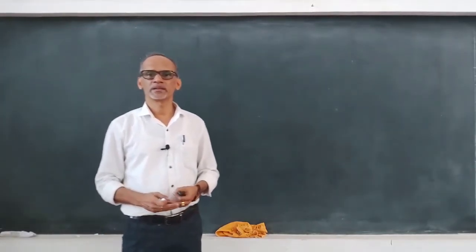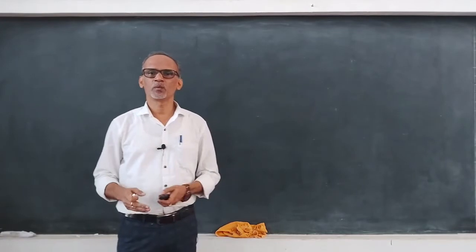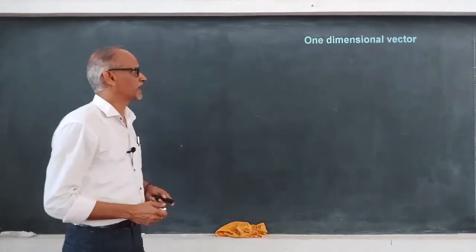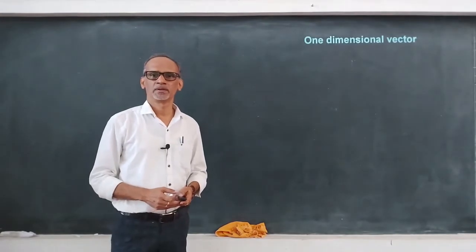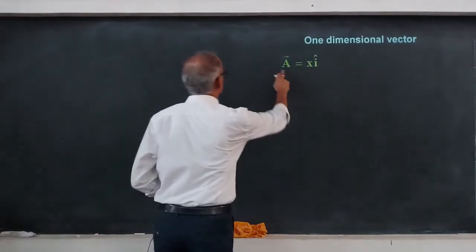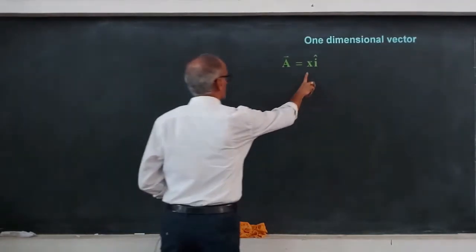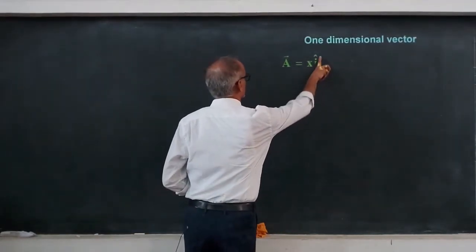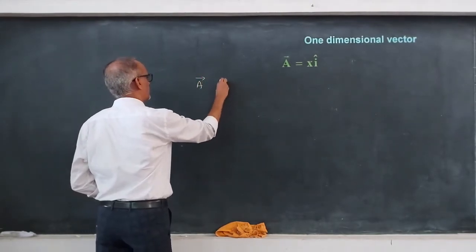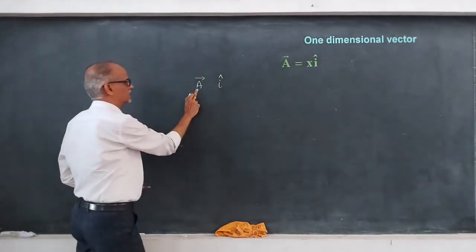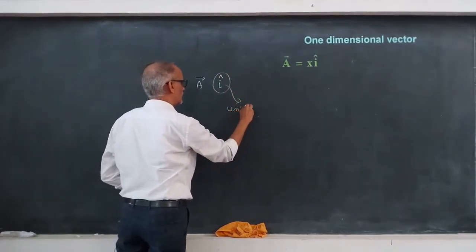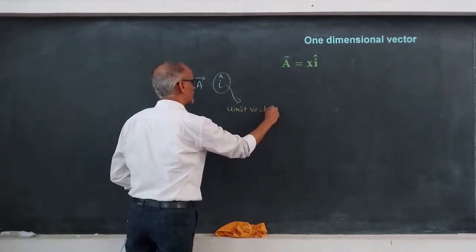Now, how to represent a vector along one direction? We call it a one dimensional vector. Let us consider a vector A equal to x i cap. The difference between this symbol and this symbol is that this is a vector, while this symbol is used exclusively for unit vectors only.